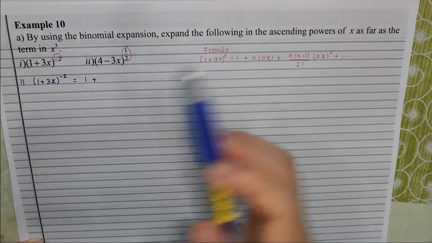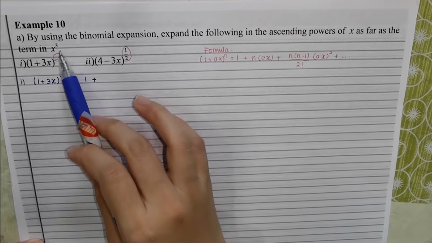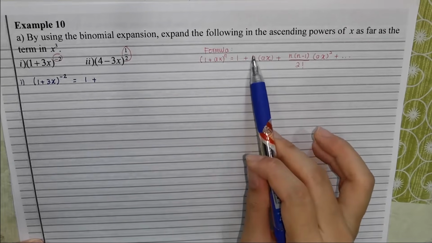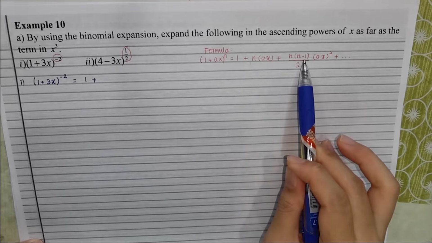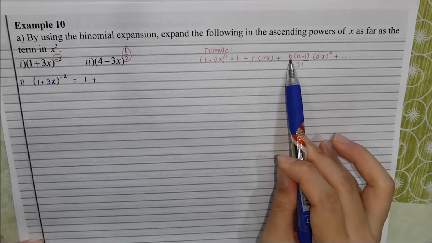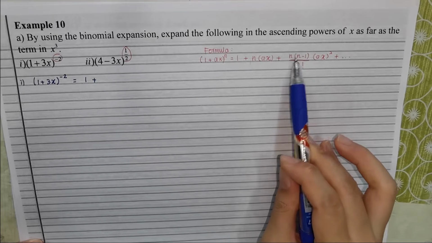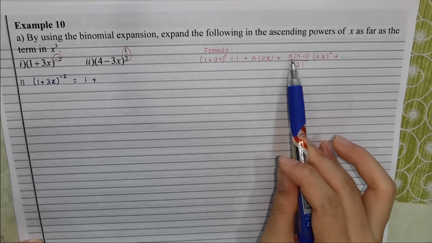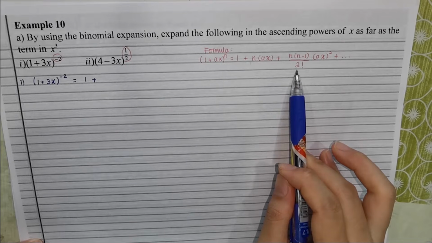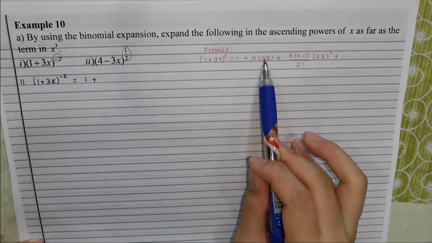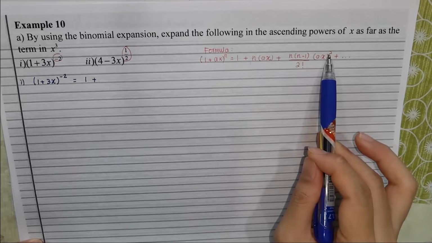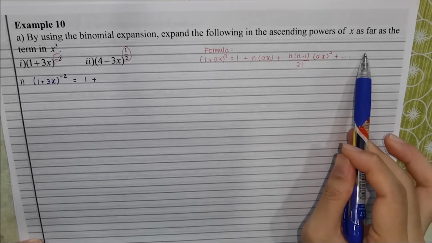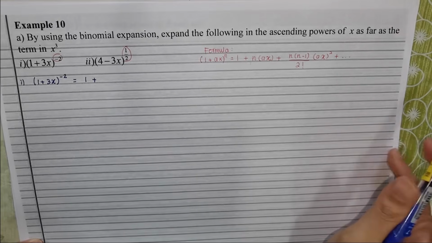We start with n, -2, and then n times n - 1, decreasing by 1. Since we have two brackets here, we divide by 2 factorial, and then the power of ax will increase by 1: power 3, power 4 here.